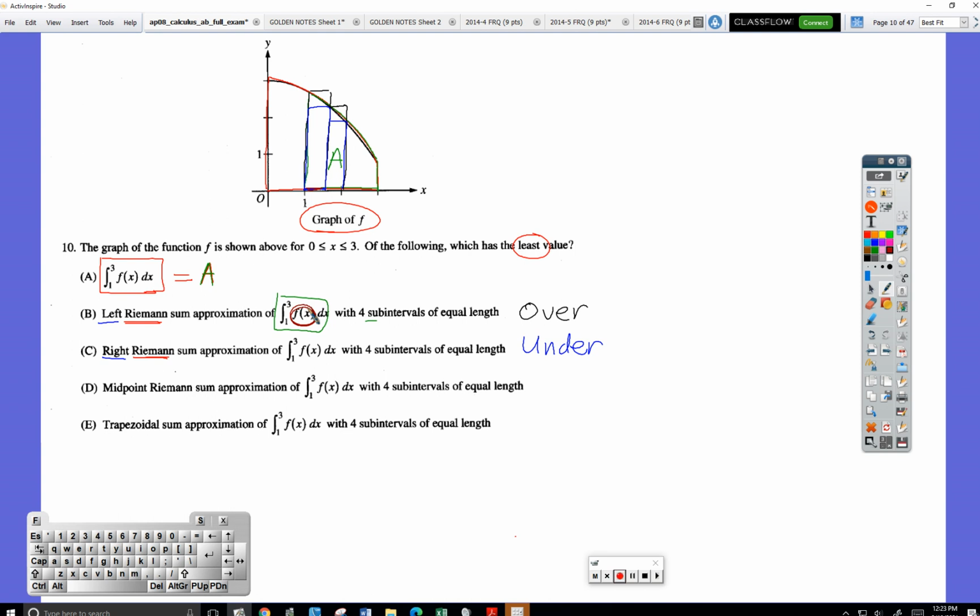Stay with me, we're integrating f from 1 to 3. That means we've got to find the value of f that is either on the left or the right of the subinterval. You understand? Have I answered your question? I think so.